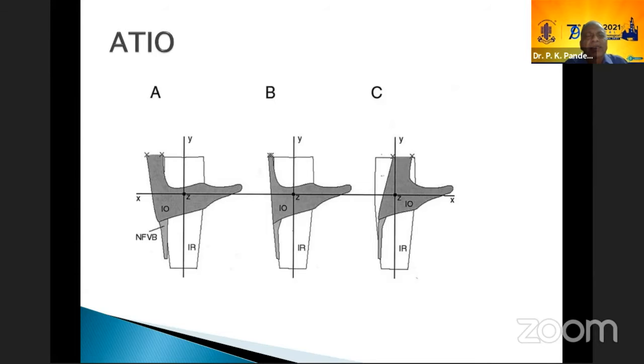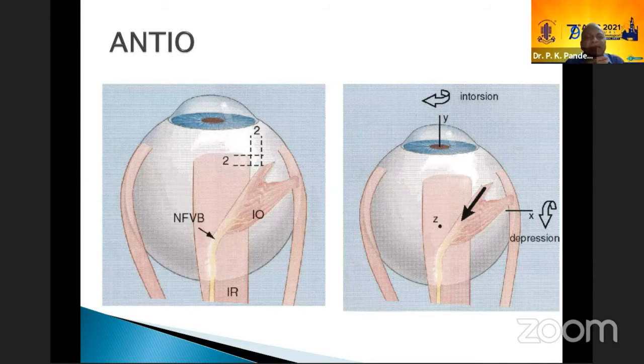Now in the next figure, we can see that we have taken this inferior oblique further medially and placed it 2 millimeters inferiorly and 2 millimeters posterior to the medial insertion of the inferior rectus. By doing this, the neurofibrovascular bundle is not coming in the direct line and the eye has turned into an intorter because now this direction has changed. So this has become an intorter and a depressor, or you can say anti-elevator, whatever word you like to use, because the innervation is coming to the inferior oblique for elevation.